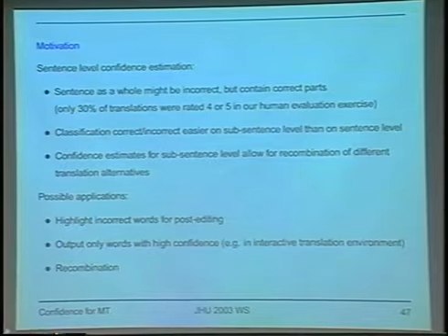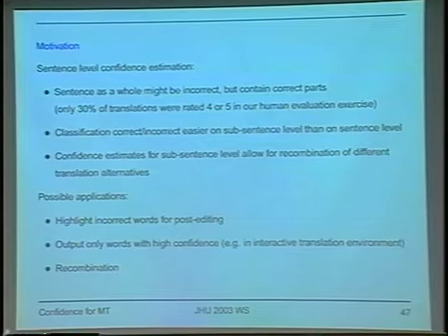This classification of correct or incorrect is much easier on the sub-sentence level. And what we hope as well, that if we have confidence estimates for the sub-sentence level, they might allow for a recombination of different translation alternatives, as George mentioned before already.